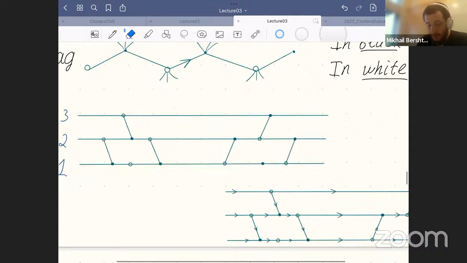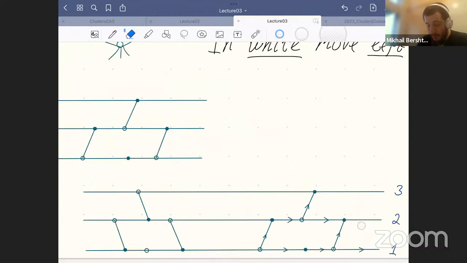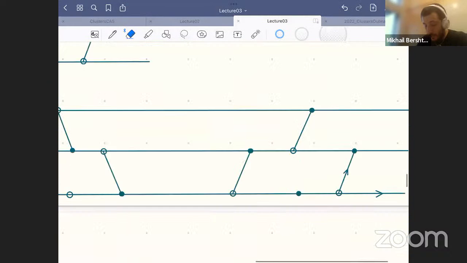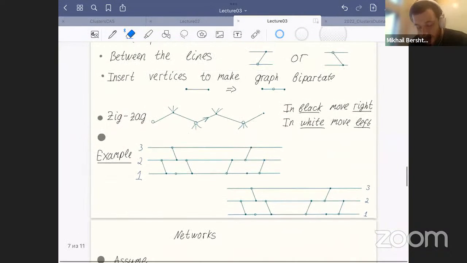This orientation will be important next time when I write some parameterization. I hope I deleted all arrows, which is not important for now.